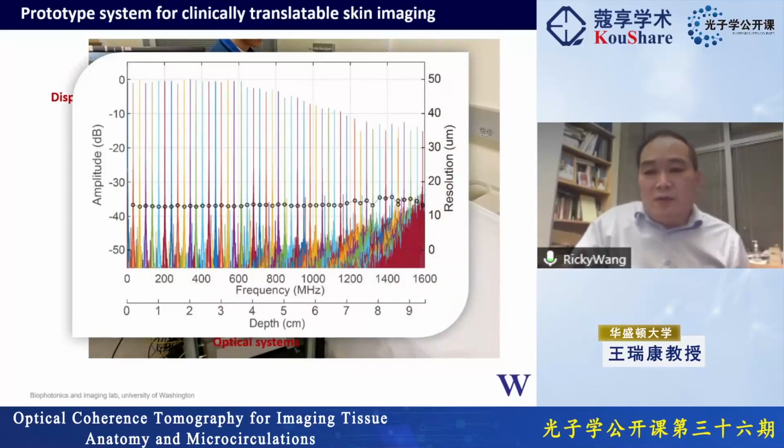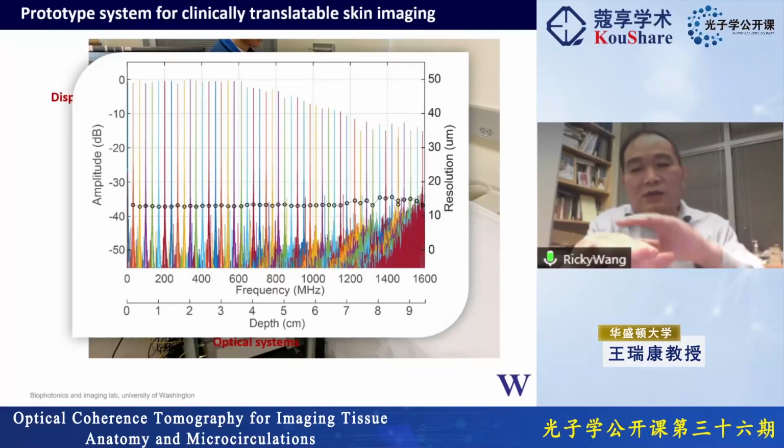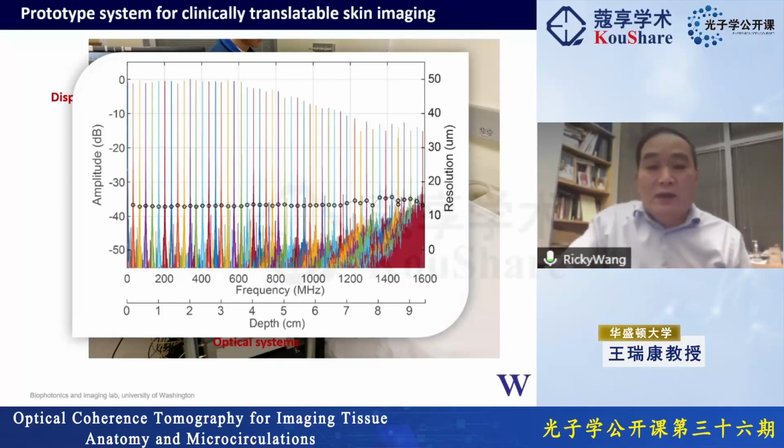And long ranging distance is very important for skin imaging because our skin is not even. It has quite a big curvature, and that curvature requires a long coherence length of the light source, or long ranging distance. And this system has a 10 centimeters ranging distance.